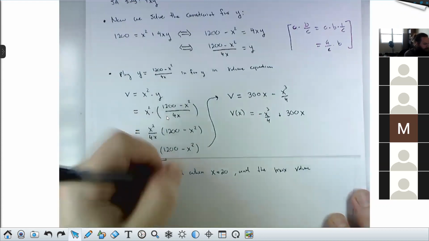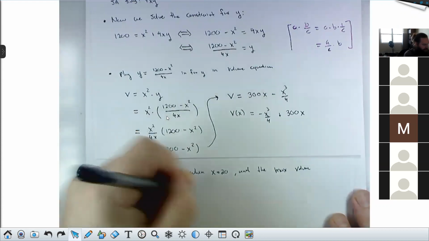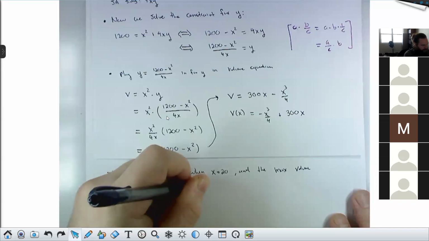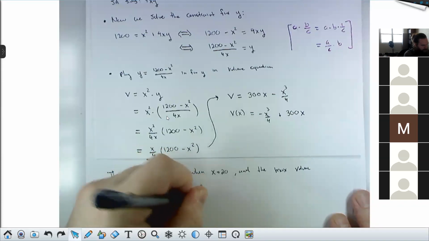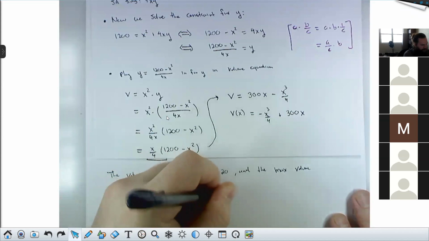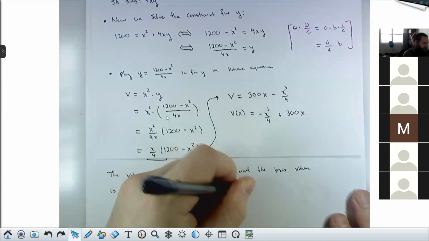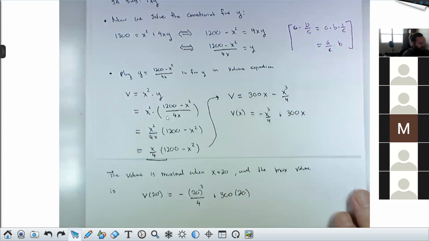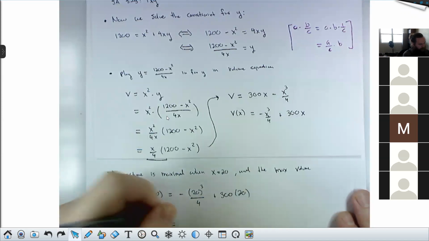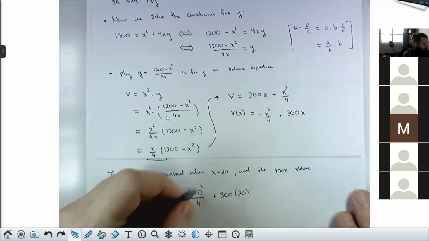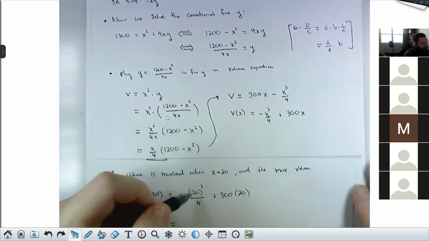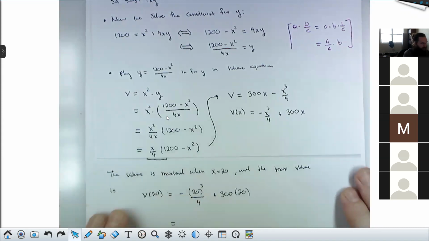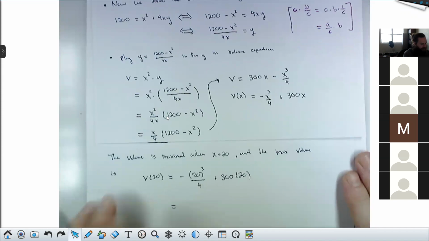So I'd say V of 20 is negative 20 cubed over 4 plus 300 times 20. 20 cubed is 8,000, right? 20 times 20 is 400. 400 times 20 is 8,000.